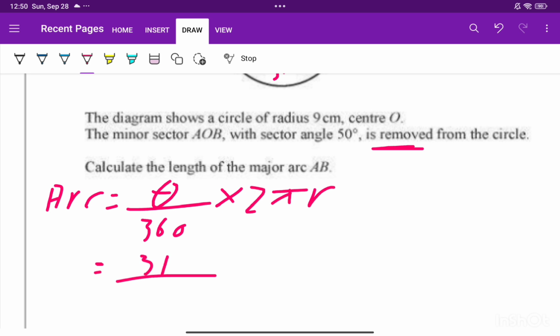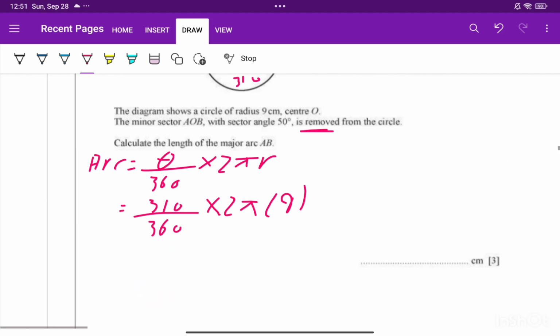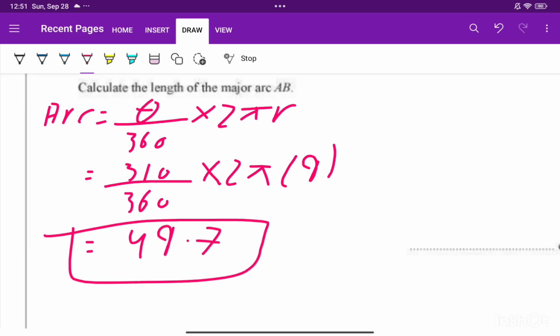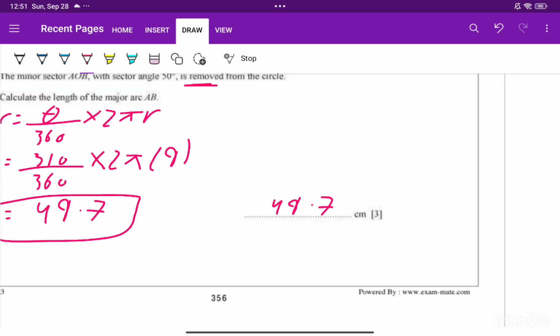So the angle is 310 upon 360 multiplied by 2 pi, and the radius is 9. So our major arc length will be 49.7. The answer will be 49.7.